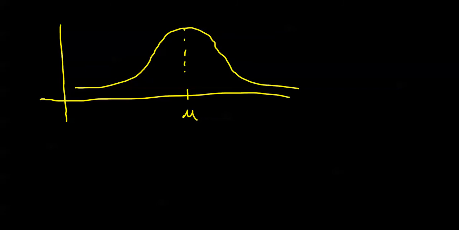Let's say I've got some unspecified mean, and I'll draw my bell-shaped curve just like this. Bell-shaped in theory, these random variable values go off to positive and negative infinity in both directions.